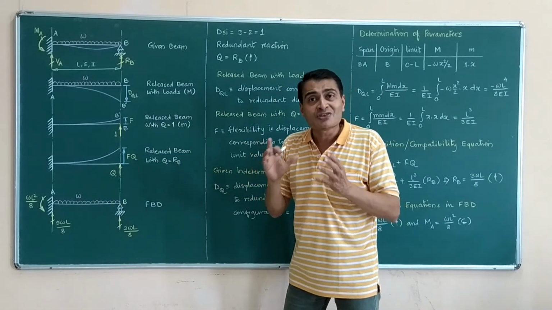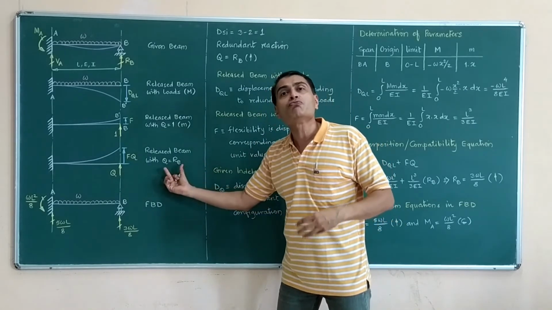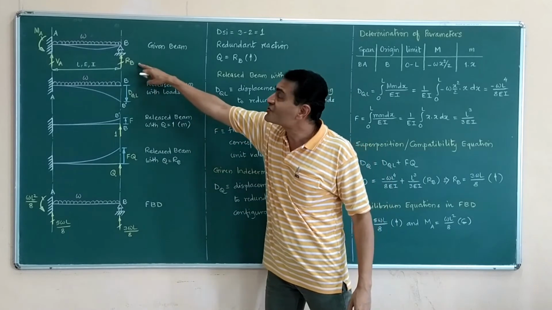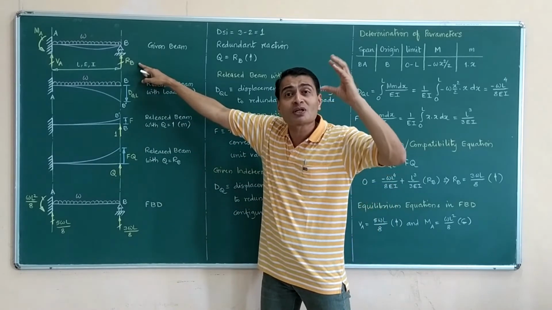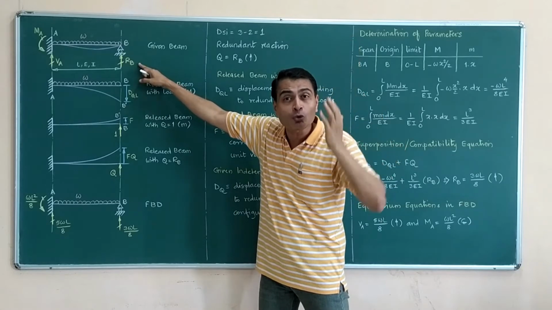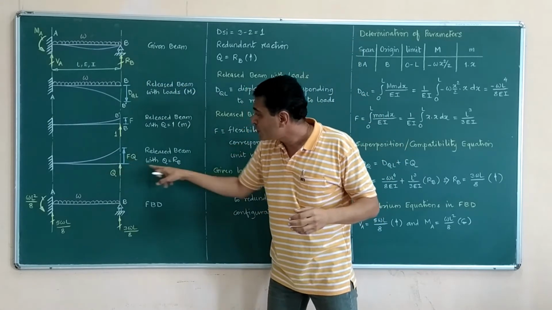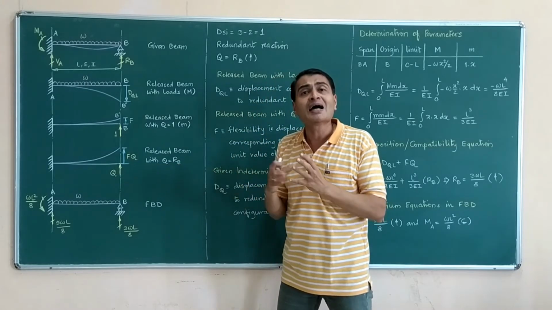That means instead of applying unit value of RB, now I am applying full value of RB as is the original case. Whatever RB we are expecting to have in original beam, original configuration, that full value Q or RB I have now applied.